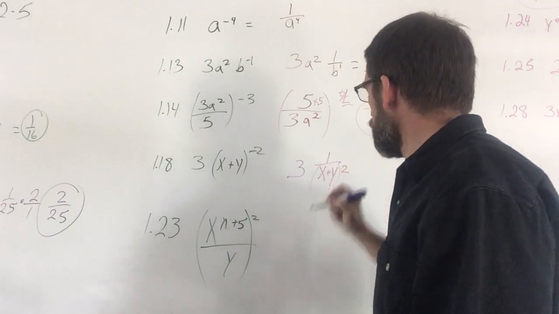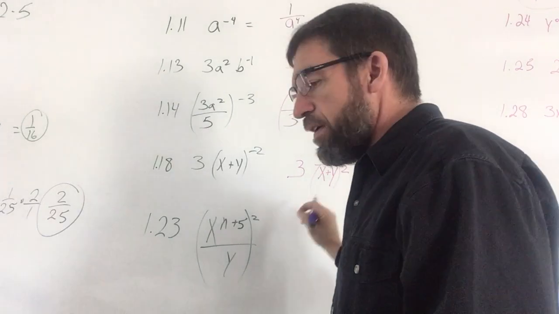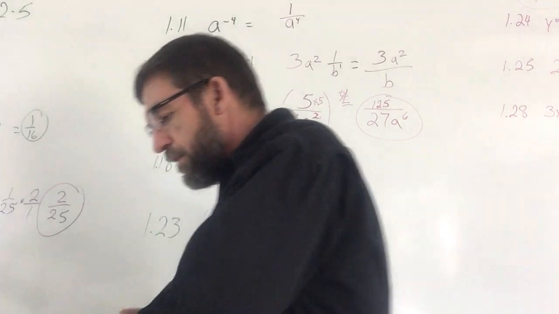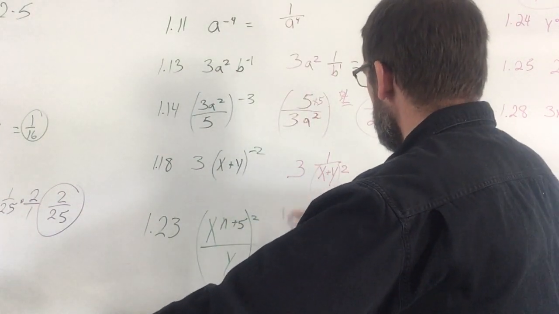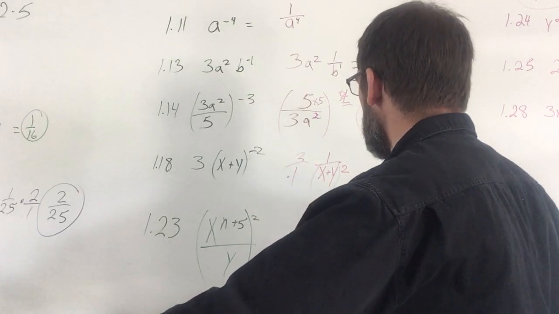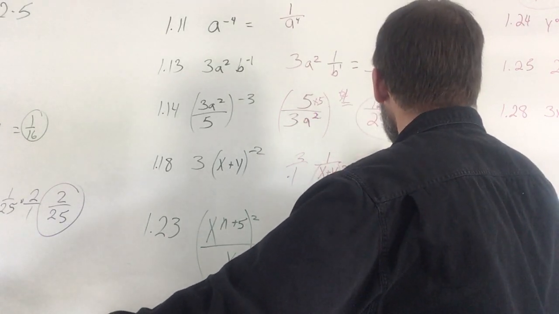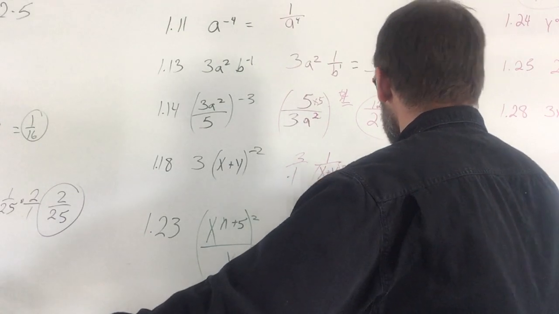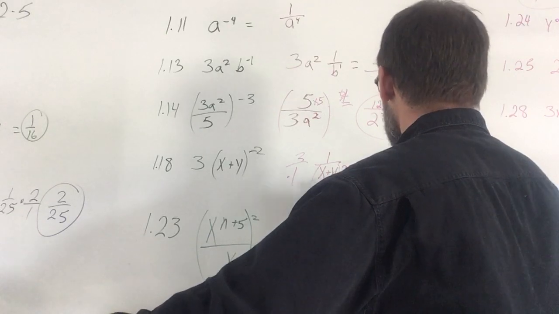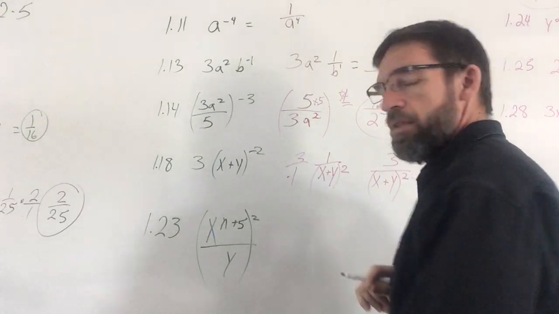I've put the 1 in a fraction, and now I go 3 times that. I think I can bring this down another step. Number 18 is 3. So this is a fraction. I can put the 3 on top, put the 1 on the bottom, and that will simply make 3 times 1 is 3, and 1 times x is x plus y, and 1 times 2 is 2. So I still go ahead and put that x plus y and the 2 squared.